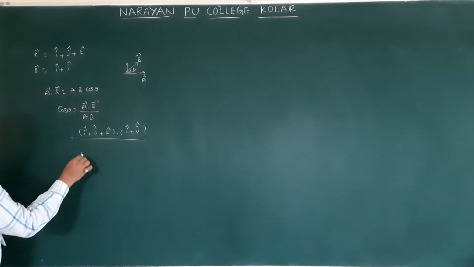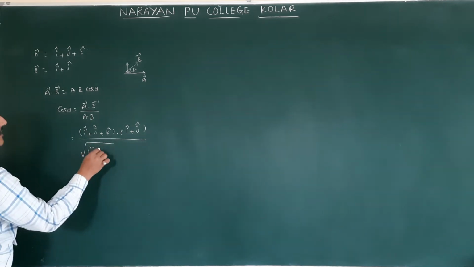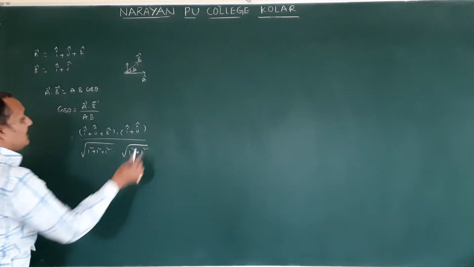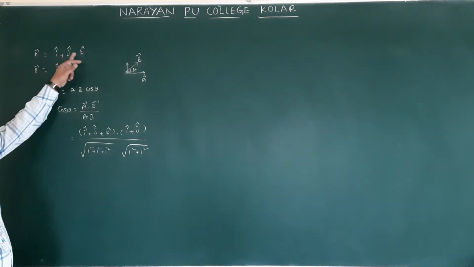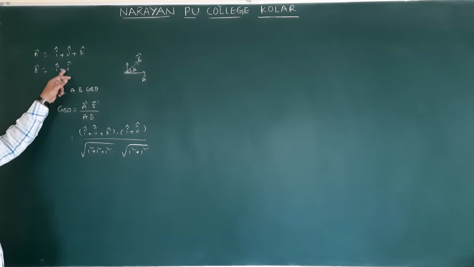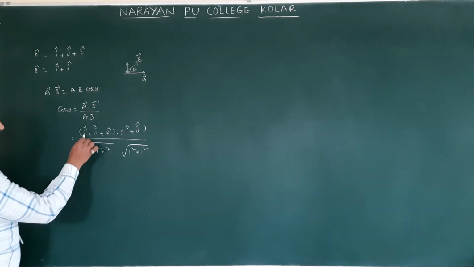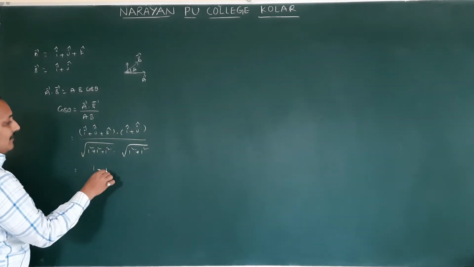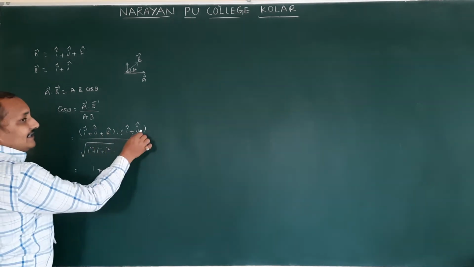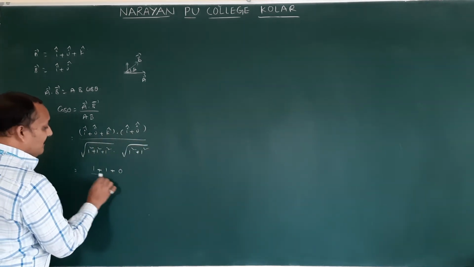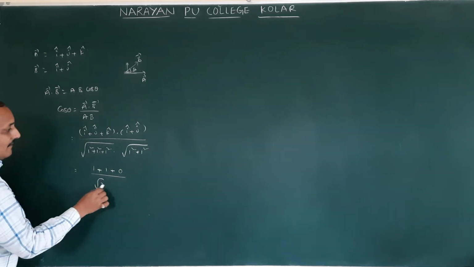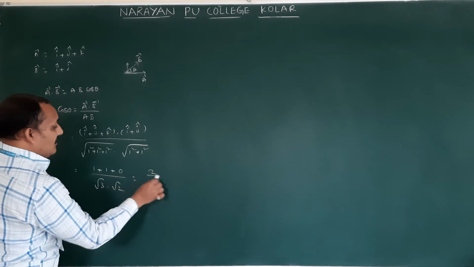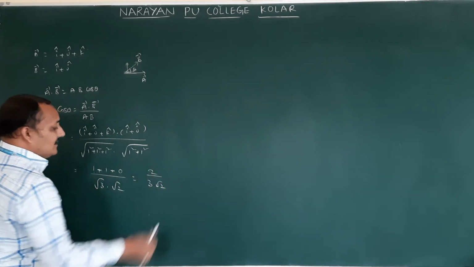Magnitude of A is root of 1 square plus 1 square plus 1 square. B is root of 1 square plus 1 square. Therefore, i cap into i cap 1, plus j cap into j cap 1, plus k cap, nothing is there. Therefore, 1 plus 1, 2 by root 3 into root 2.